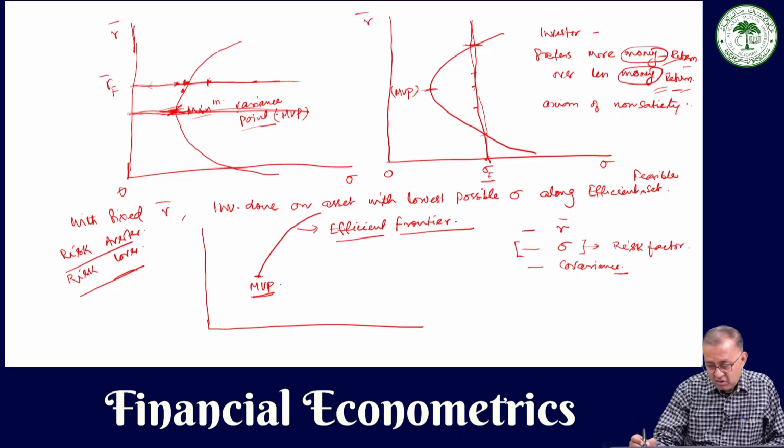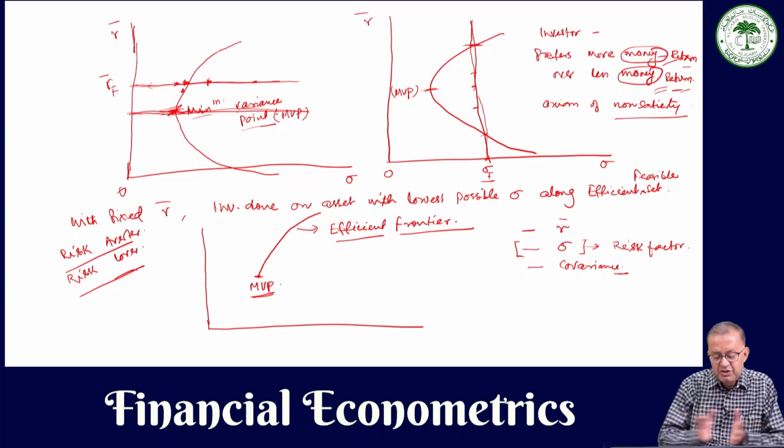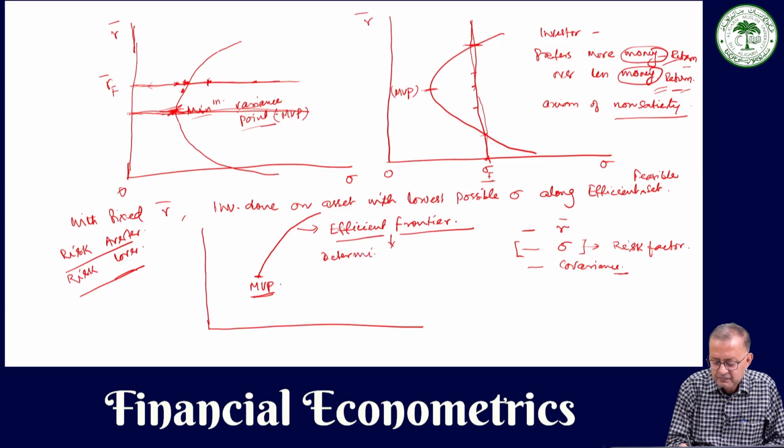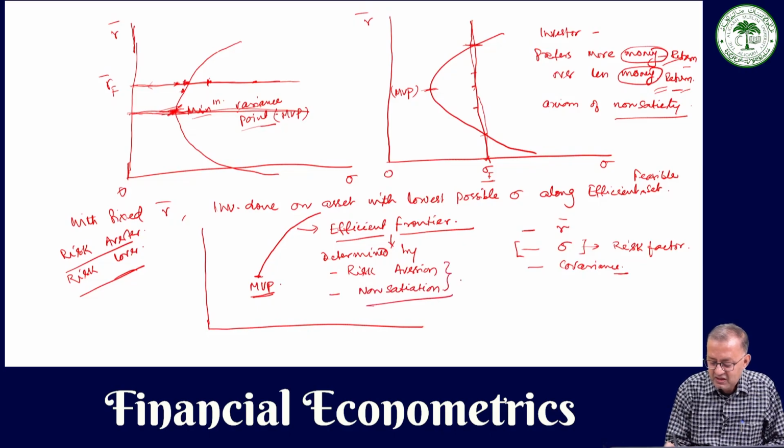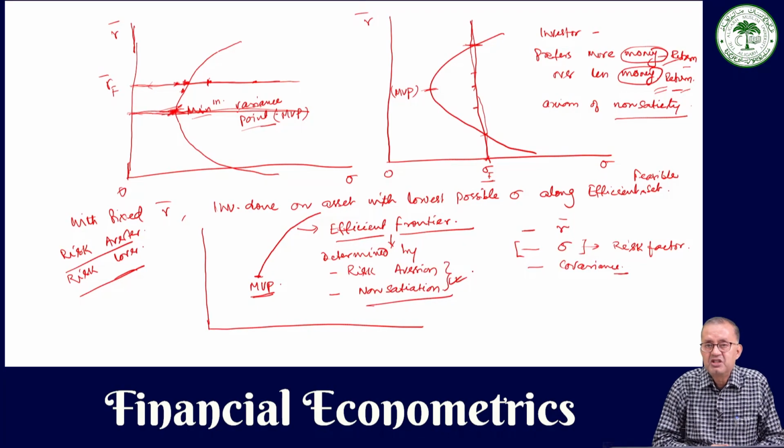So the risk efficient frontier is determined by risk aversion as well as non-satiation. This is the basis of risk aversion and non-satiation.